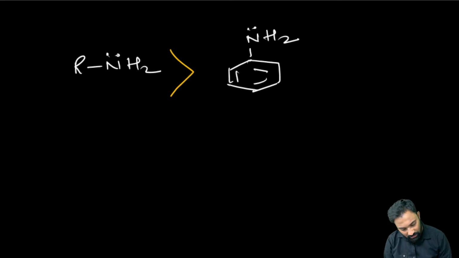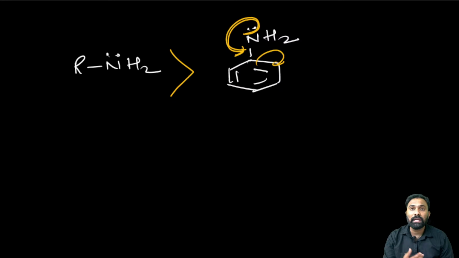Why? Because in the aromatic amine, the lone pair of electrons participates in the resonance, so it is not able to be given to the electron deficient species. In the aliphatic amine, there is no resonance involved. It will very fast be given to the electron deficient species and it will become more stable.